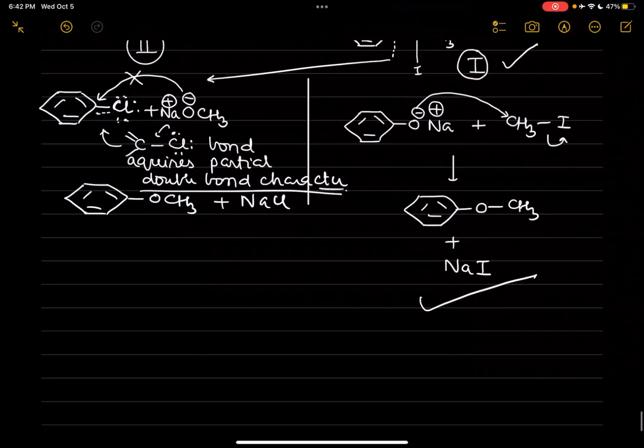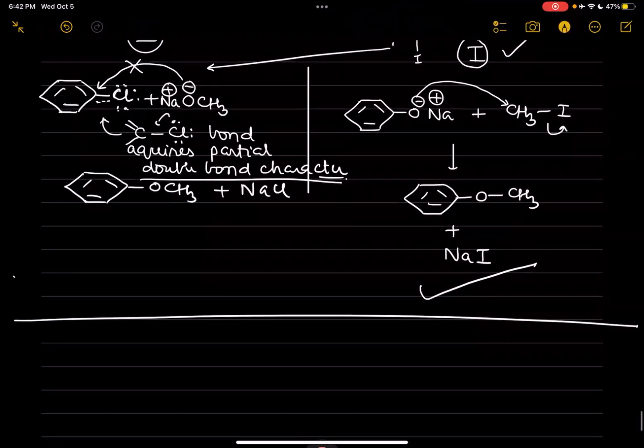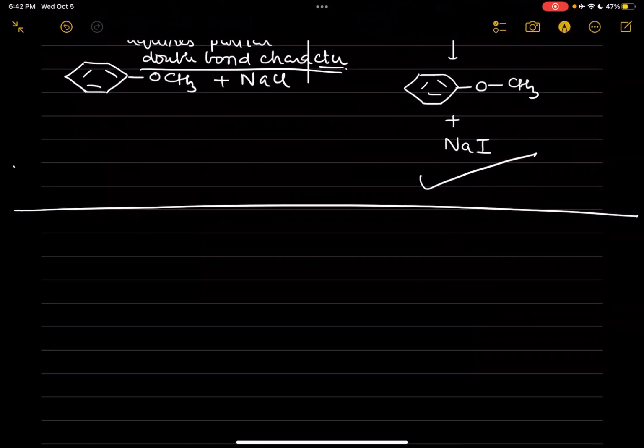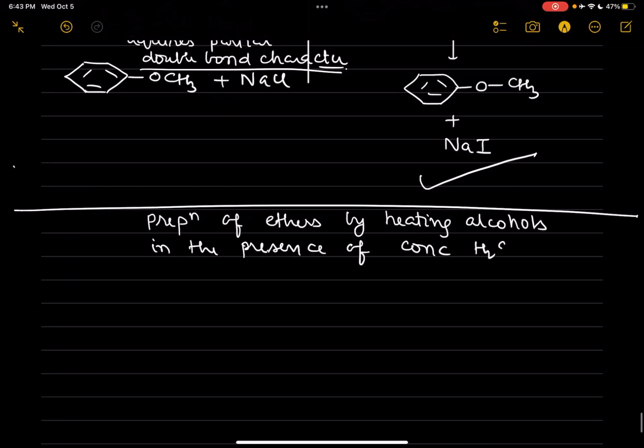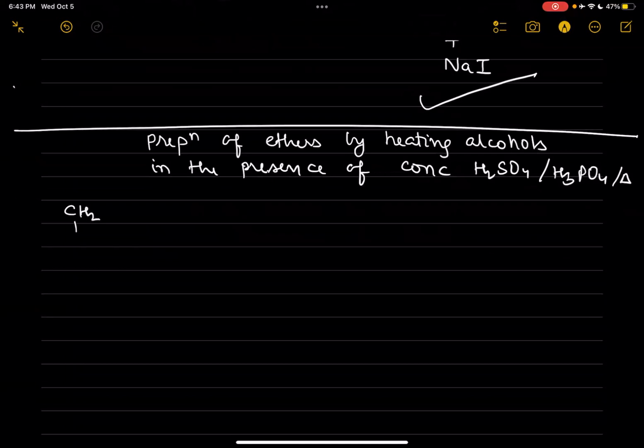There was one more method which we discussed: acid catalyzed dehydration of alcohols. We discussed ethanol.